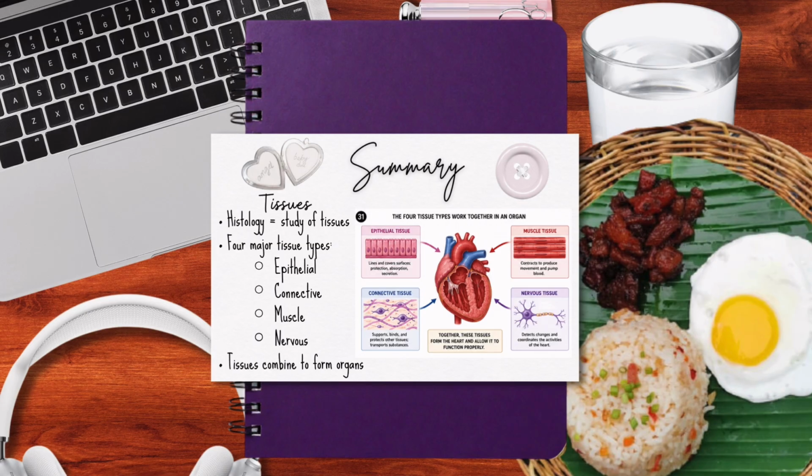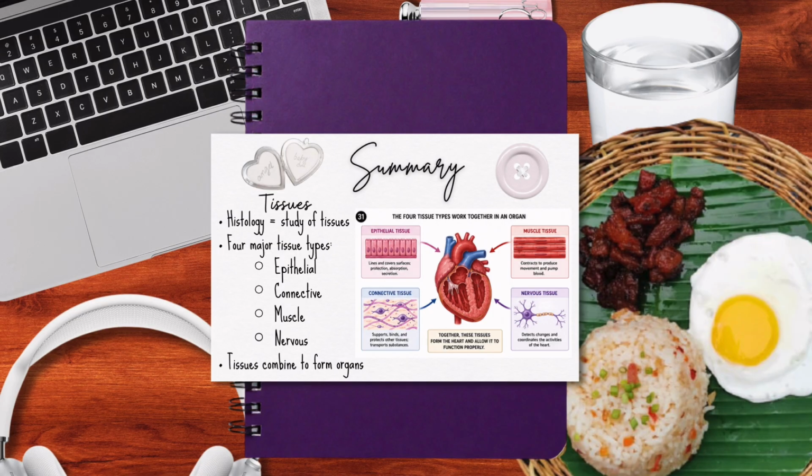Muscle tissue generates movements through contractions, while nervous tissue serves as the body's communication system by transmitting electrical signals and coordinating body activities. We also learned that body membranes combine different tissue types to protect organs, reduce friction, and support normal body function. But the most important takeaway is that no tissue works alone.